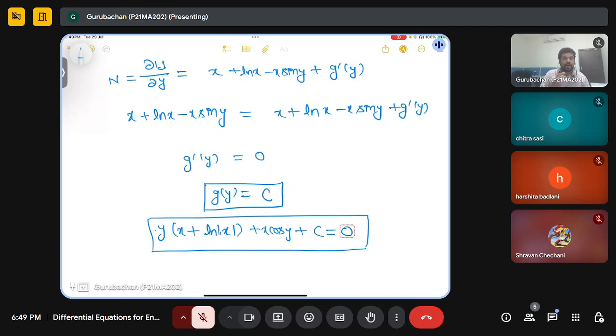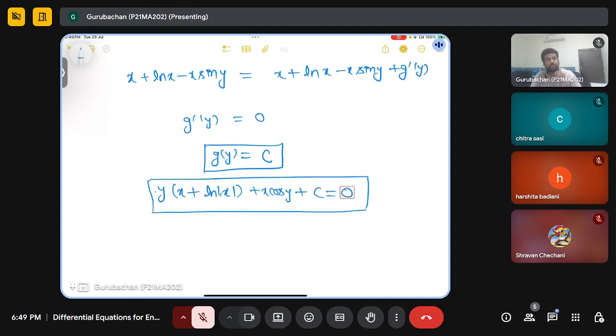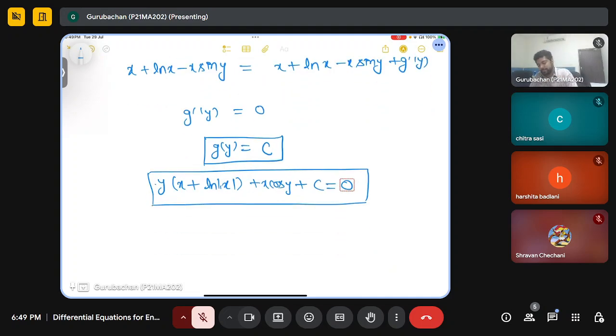Now you can even verify it by differentiating. Differentiate first of all with respect to x. What will you get? So this will give you (1 + 1/x + cos y) dx.